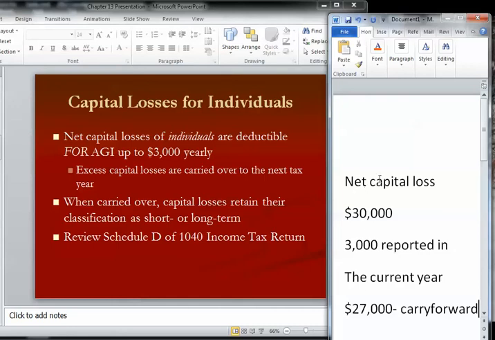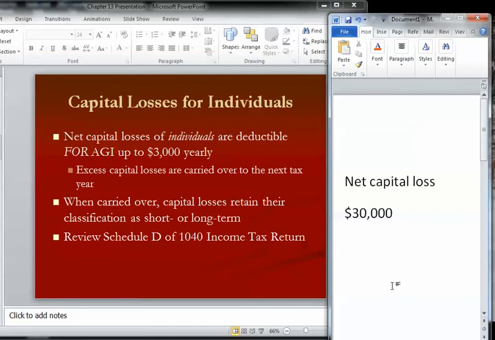Now we go back to this fact pattern, but then we also had 18,000 net capital gain. So if we had net losses for the year of 30, but net gains of 18, we are allowed to use in the current year or any future years that capital loss to offset that capital gain.